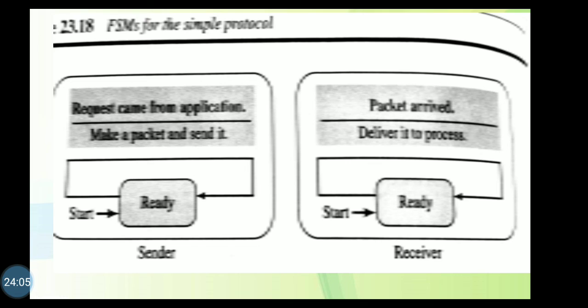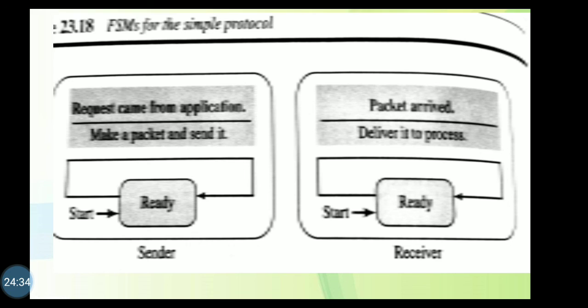The receiving machine remains in the ready state until a packet arrives from the sending machine. When this event occurs, the receiving machine decapsulates the message out of the packet and delivers it to the process at the application layer. The UDP protocol is a slight modification of this protocol.